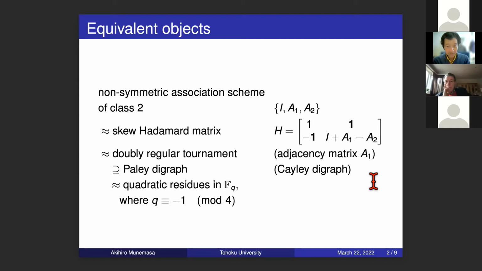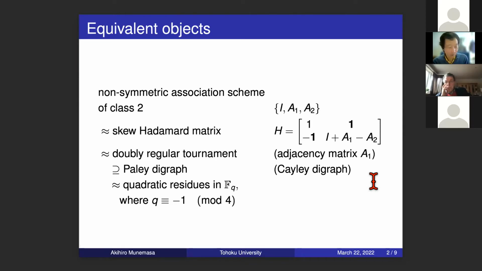And the construction of such a doubly regular tournament is also known from Paley. It is also called a Paley digraph, and it is constructed as a Cayley digraph on the finite field with q elements, where q is congruent to -1 modulo 4.